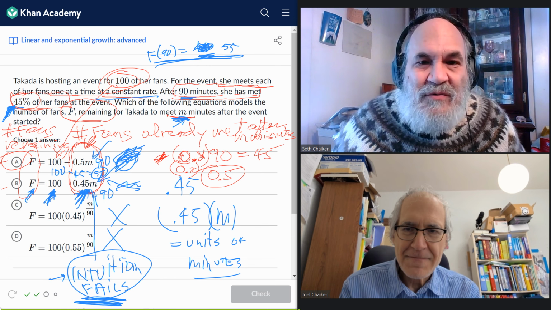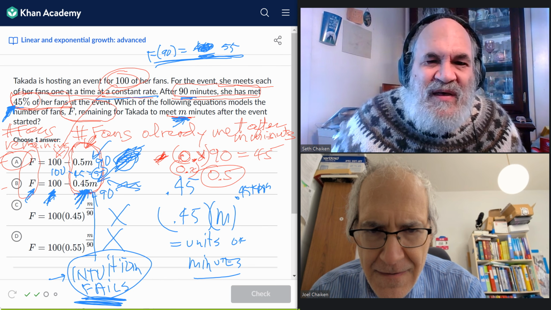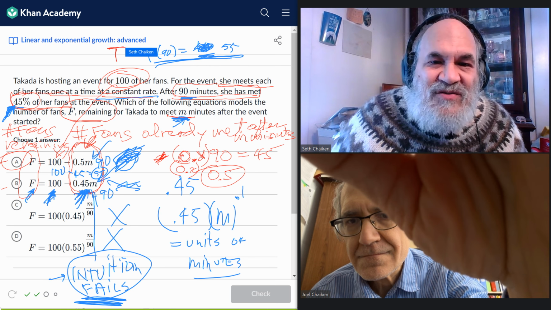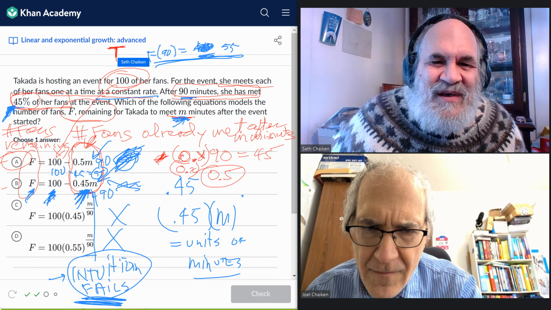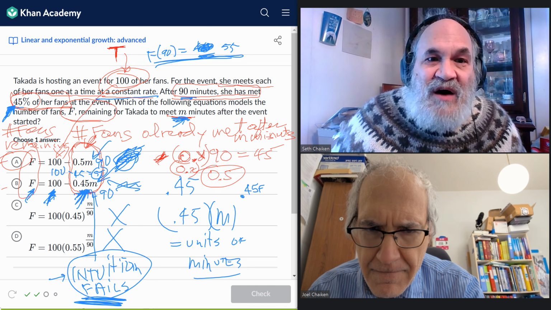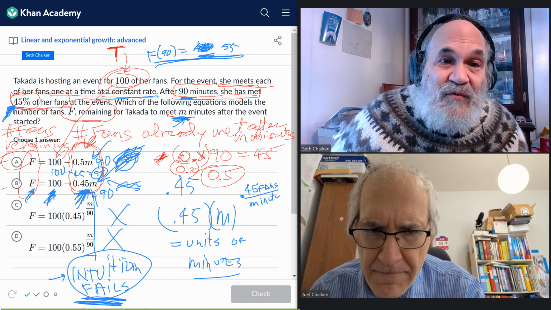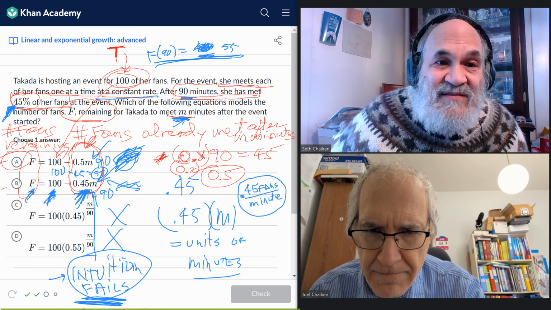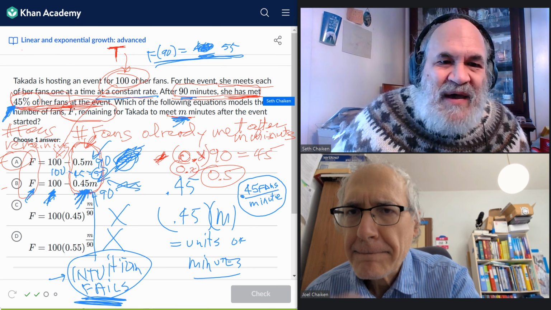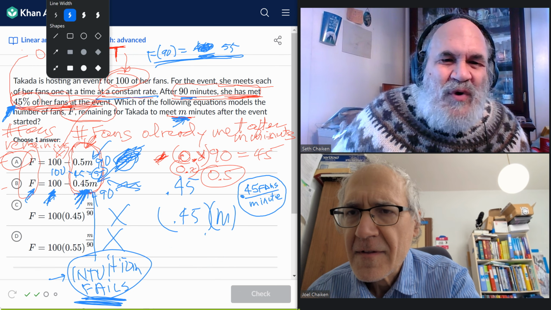So I think what's happening is, if instead of 100 they gave you a variable like t, suppose they gave you t instead of 100, then 45% of the fans at the event would be the number that she met: 45 100ths of t.